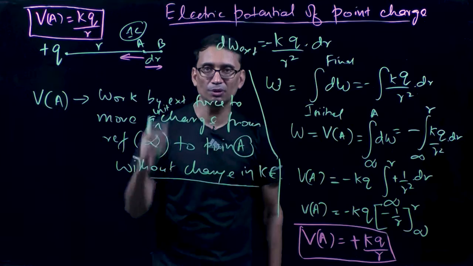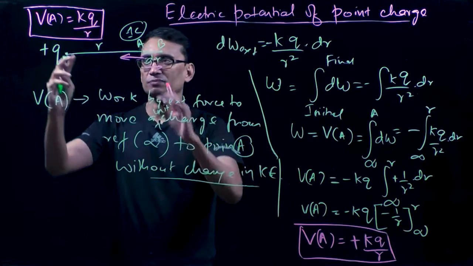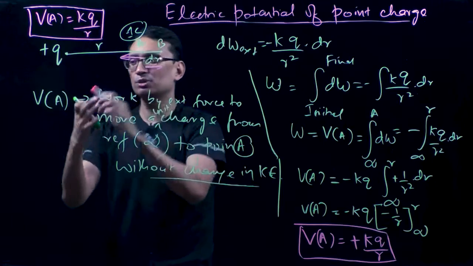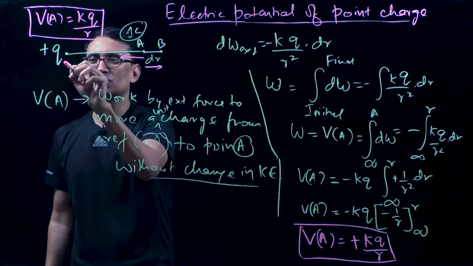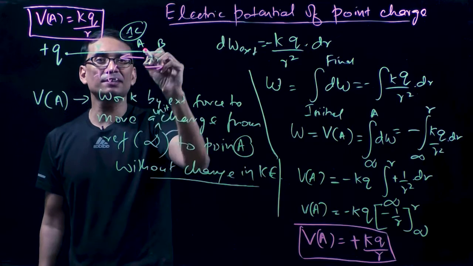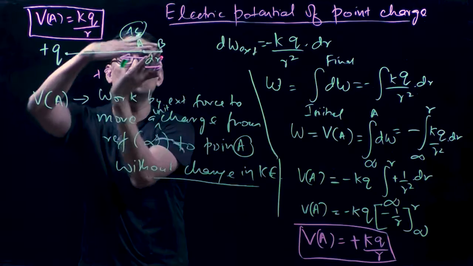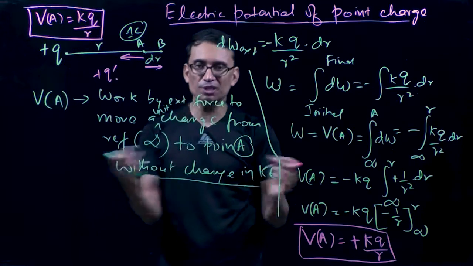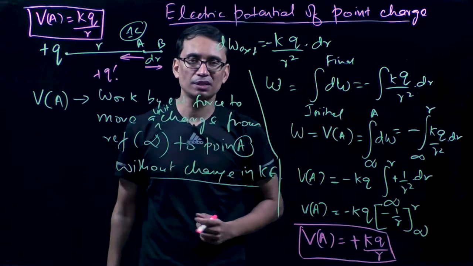Number two, if I have multiple charges, let's say there was another charge here, plus Q prime, then the electric field would be the vector sum of the two electric fields, but the potentials will just add up. So it's much easier to add the potentials because it's a scalar quantity.